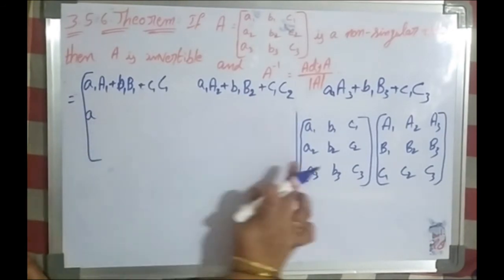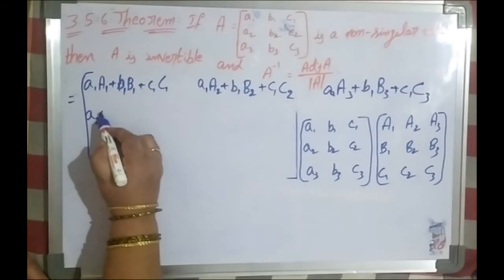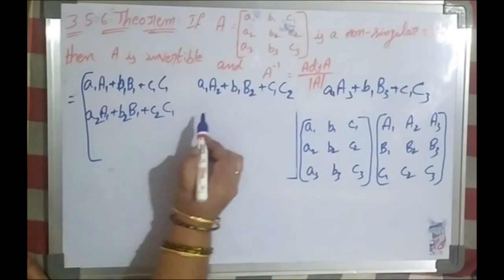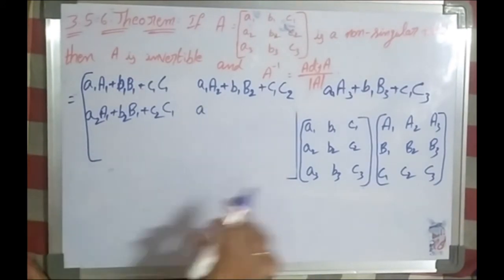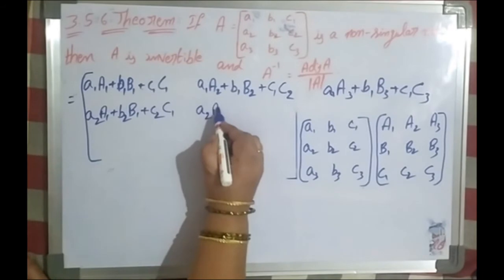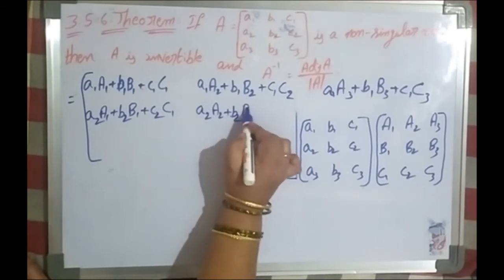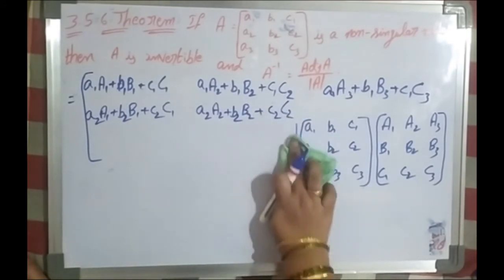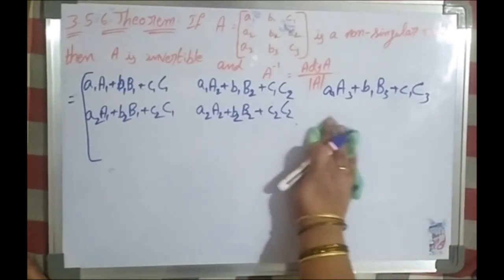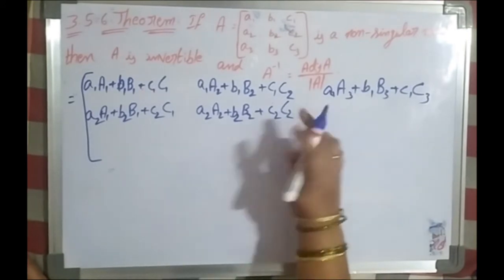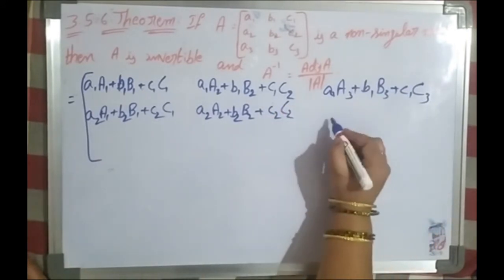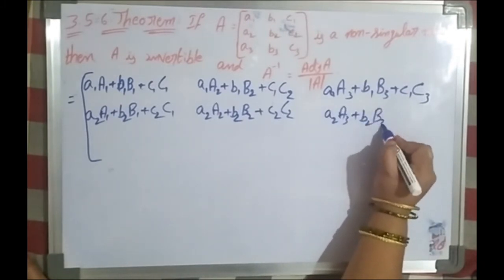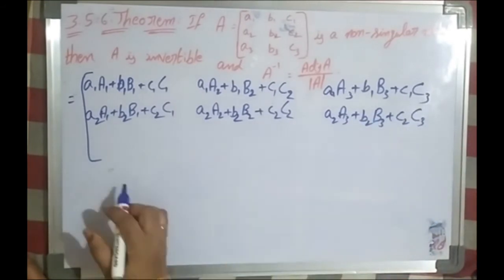Similarly, second row first column a2 A1 plus b2 B1 plus c2 C1. Second column a2 A2 plus b2 B2 plus c2 C2. And the third element in the second row is a2 A3 plus b2 B3 plus c2 C3.